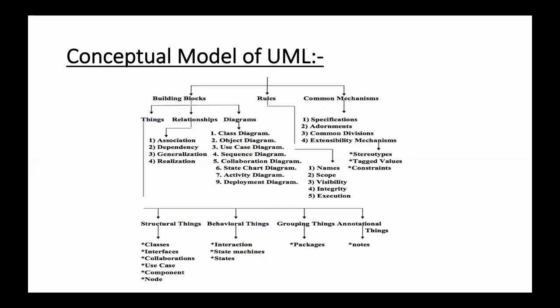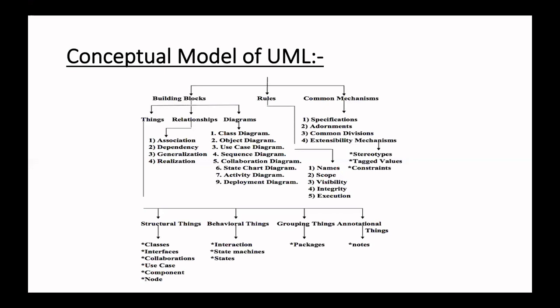These three major elements are very important to discuss the concept of UML models. First one is UML building blocks. Second, rules to connect the building blocks. And third, common mechanisms of UML.